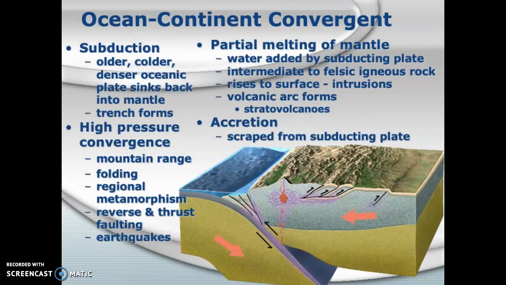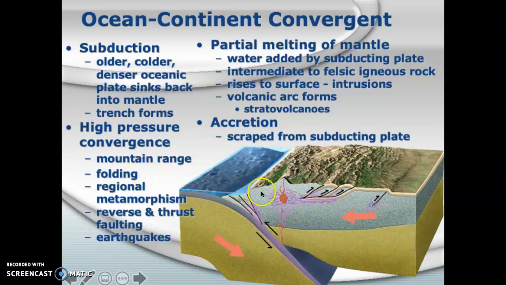And what you'll notice is that the ocean-continent convergence is basically the same thing you have with the ocean-ocean convergence. We still have our subduction, we still have our trench. We have high pressure convergence. In this case, it's built to the point where it gives us a large mountain range.